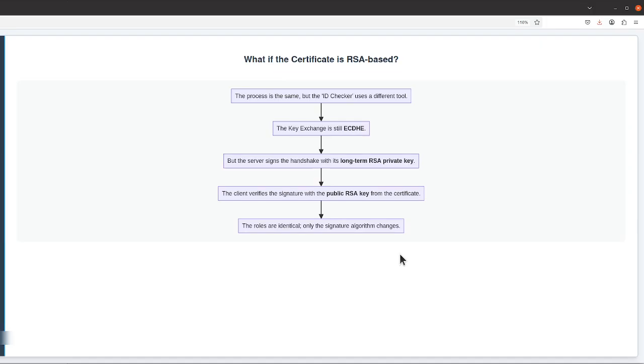Instead of using ECDSA, the server would use its long-term private RSA key to sign the handshake, using a modern scheme like RSA-PSS. The client would then use the public RSA key from the certificate to verify that signature. The roles are identical. Only the specific tool used by the ID checker has changed.